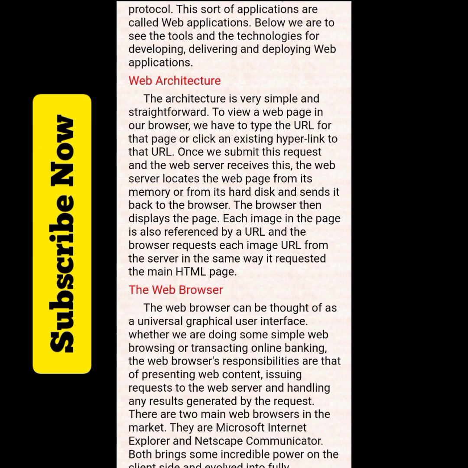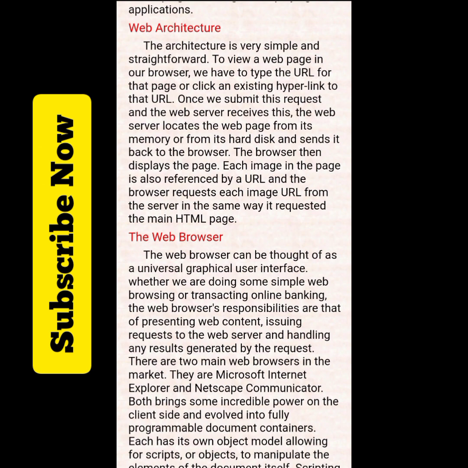Once we submit the request and the web server receives it, the web server locates the web page from its memory or from its hard disk and sends it back to the browser. The browser then displays the page. Each image in the page is also referenced by a URL, and the browser requests each image URL from the server in the same way it requested the main HTML page.